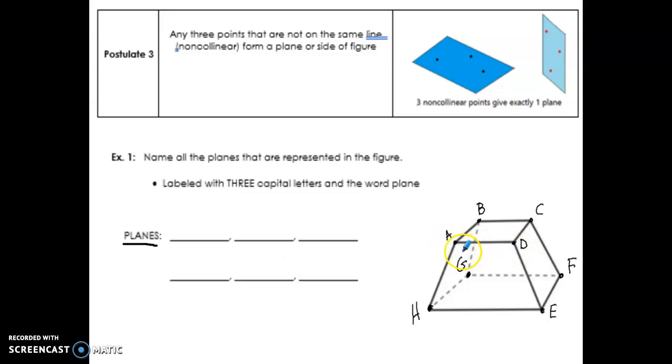So let's dive right in. We're going to label all the sides of our figure. I might start right in the front, this front side of the figure.